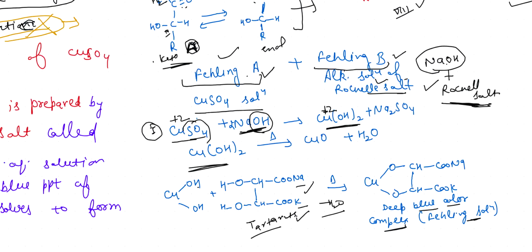By this, two molecules of water are removed. And this oxygen will form a bond with this carbon and the second carbon of the tartrate group. So this is basically a complex. This complex has a deep blue color. Okay, so this is your Fehling solution.